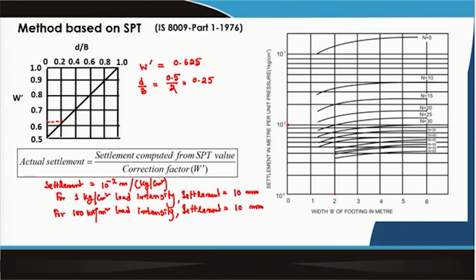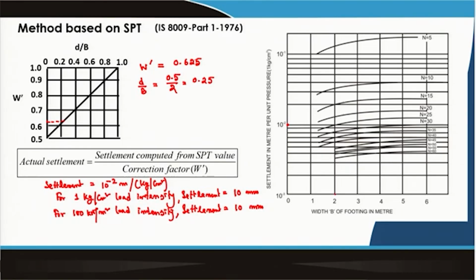This correction factor chart is as per IS code. Where the water table is at the base of the footing or above, it will be 0.5. Remember that when you design something, we have to consider the worst condition, and the worst condition is that this correction factor is 0.5. Because your bearing capacity you can reduce by 50%, or settlement you can increase by 2 times.